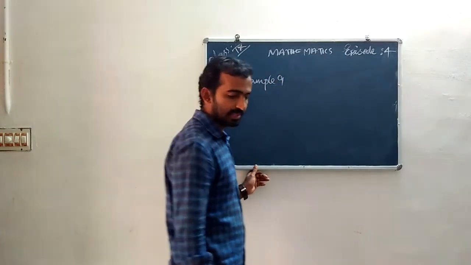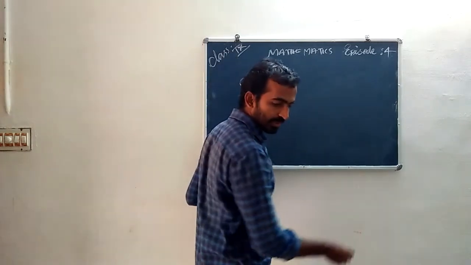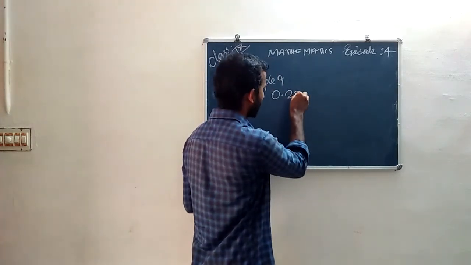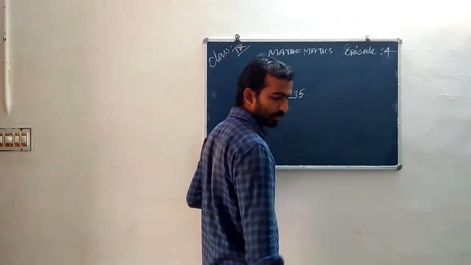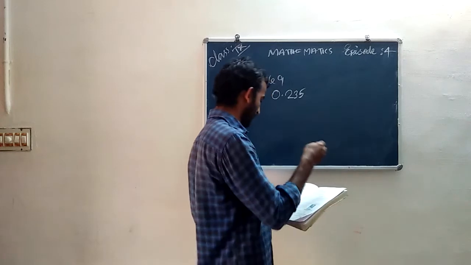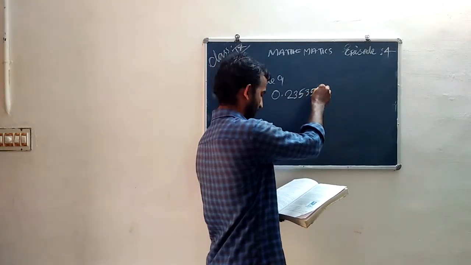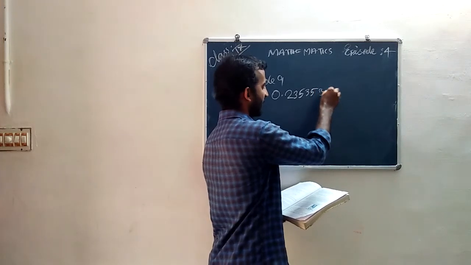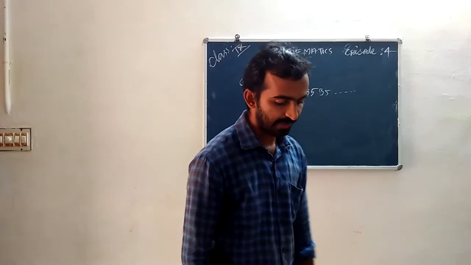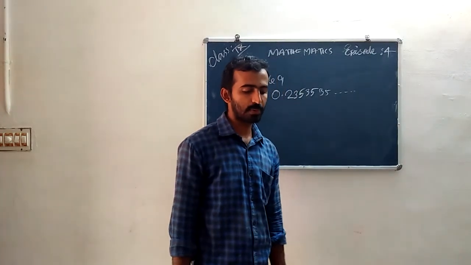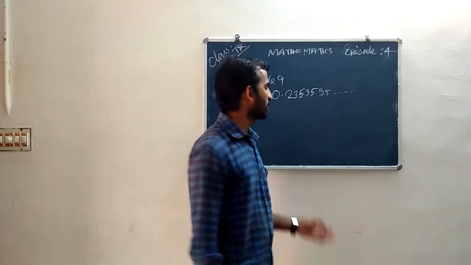Example 9: show that 0.23535 etc. can be expressed in the form p by q, where p and q are integers and q not equal to 0.